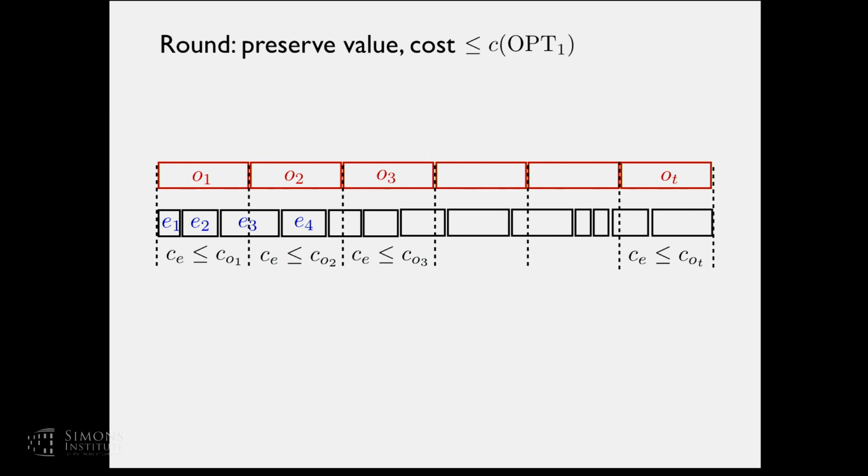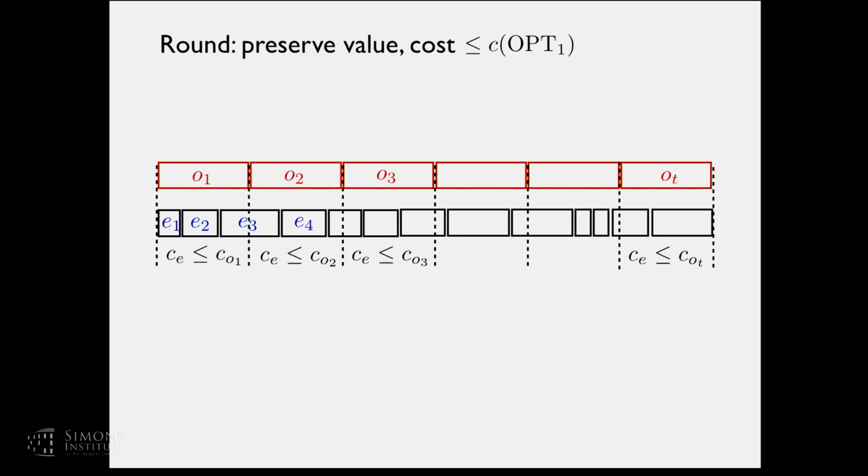And because of this mapping that we have in our heads, we can make sure that the rounding does not exceed a budget whose cost is no more than the cost of opt1, which is exactly what should have happened in the ideal case, because these are all proxies for opt1. I can very briefly show you how this works. The intuition, for those of you who have seen this before, is very easy.